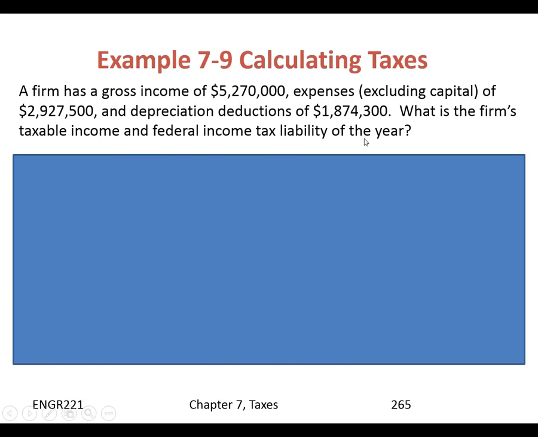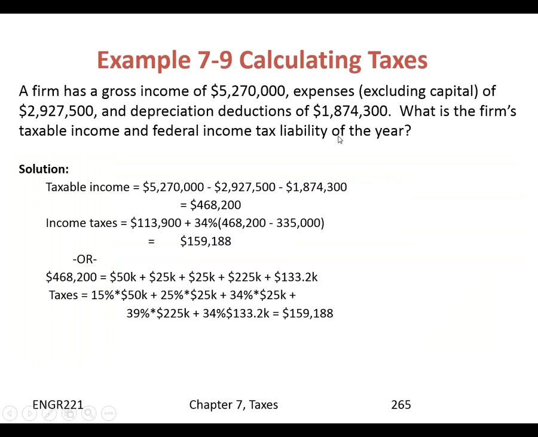Now for their income taxes, you calculate on $468,200. Let's go back to that table. They are in this range at $400-something thousand dollars, and so their income tax is going to be $113,900 plus 34% of the amount over $335,000.